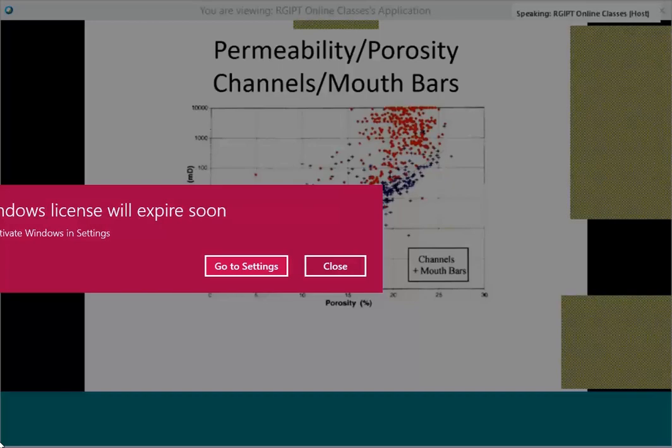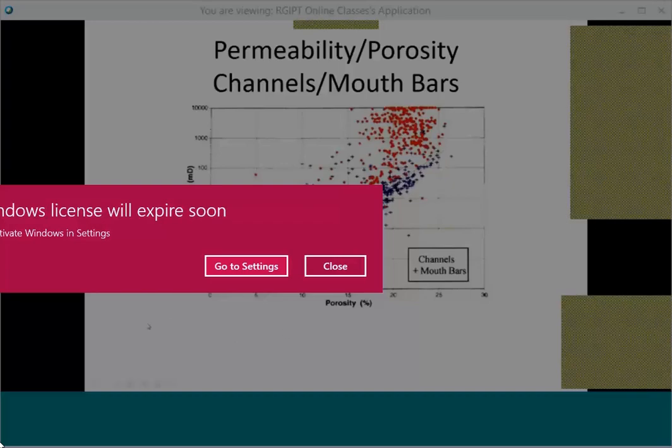Then your permeability is log normal distribution. Okay, because the plot of permeability is logarithmic, so log normal. So you can use this, and typically for clastic reservoirs you use this.